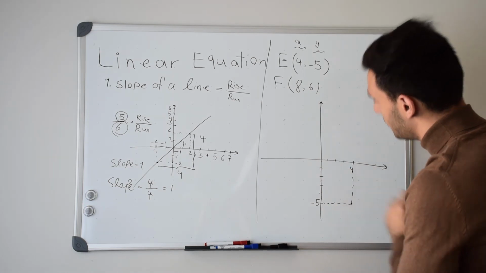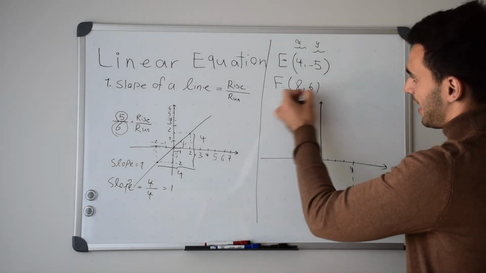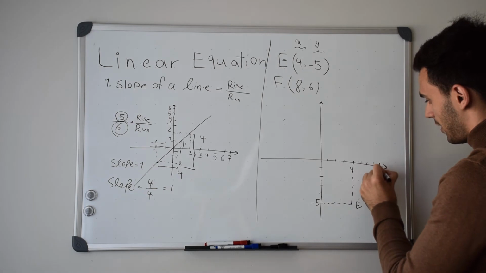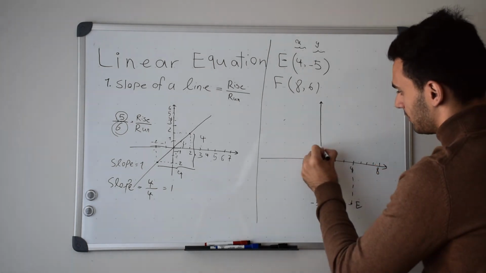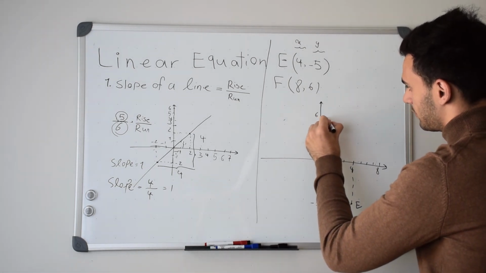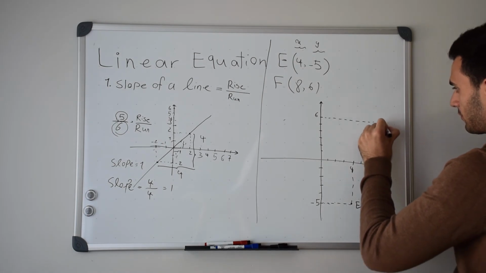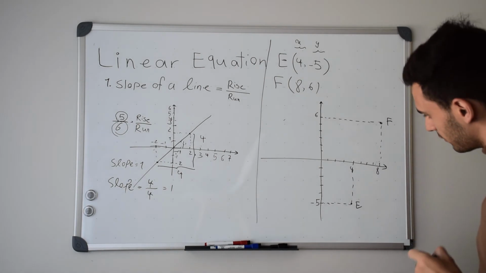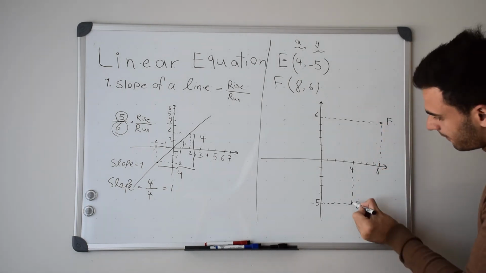Here is our first point, E. Another point is 8 and 6. So 4, 5, 6, 7, 8. 8 and 6. 1, 2, 3, 4, 5, 6. Here. This is F. So the line passes through E and F.